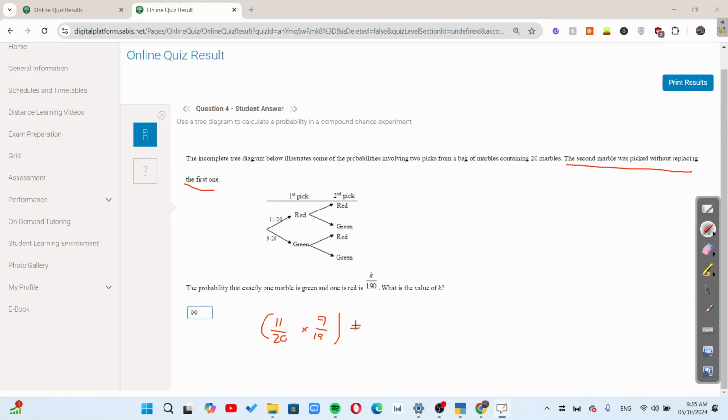Or you could get green-red, which is 9 over 20 times 11 over 19, which your answer is going to be 99 over 190. And that's how you solve this question. It's really easy. We solved way harder, so this shouldn't be that hard. This is how you solve it anyways.